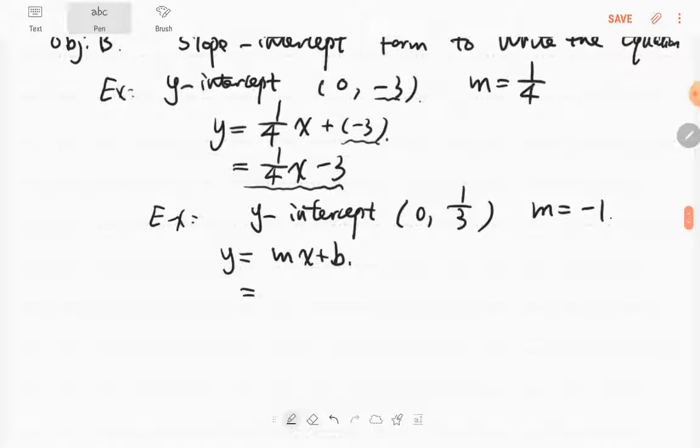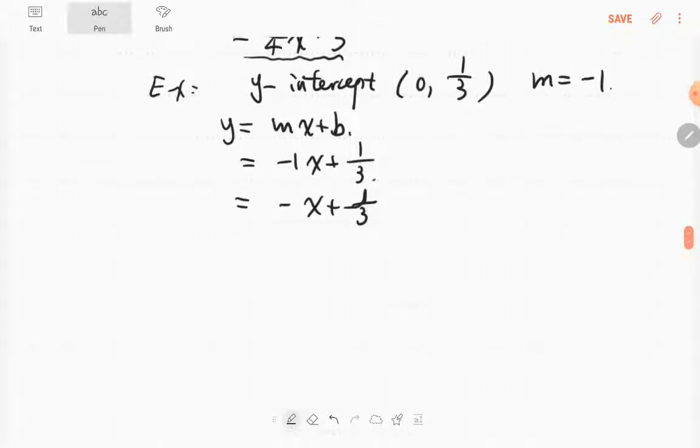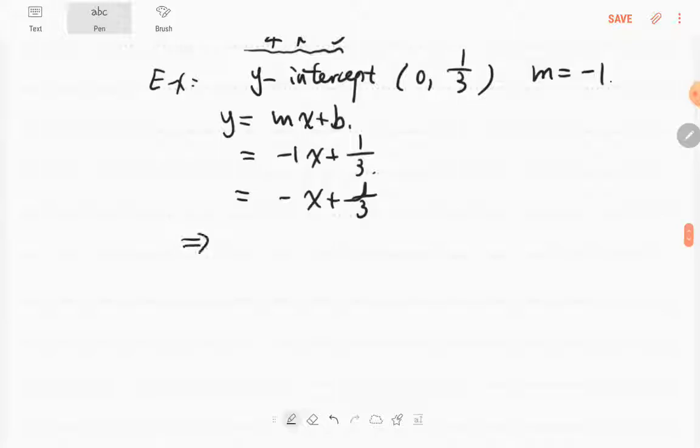We use negative 1 as the slope and the 1 over 3. Then simplify. It will be like this one. So the slope-intercept form will be like this.